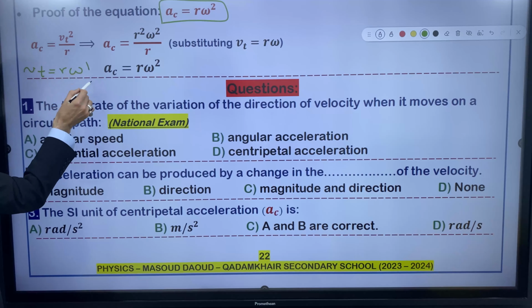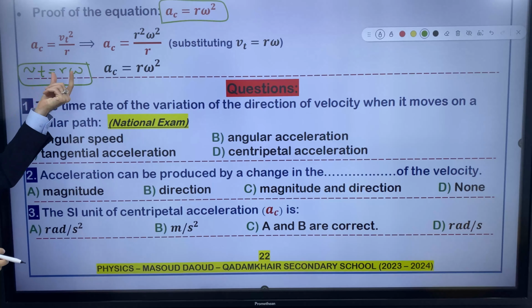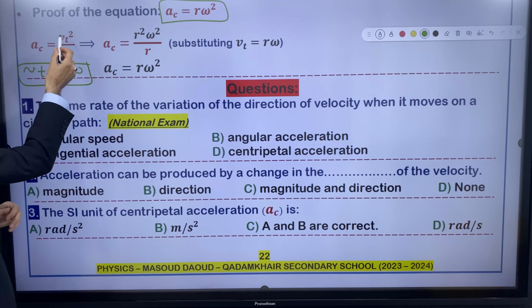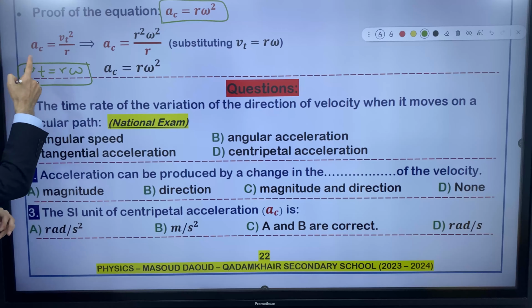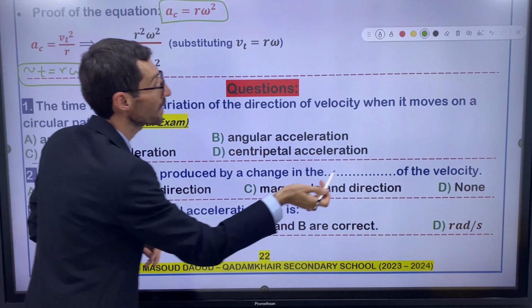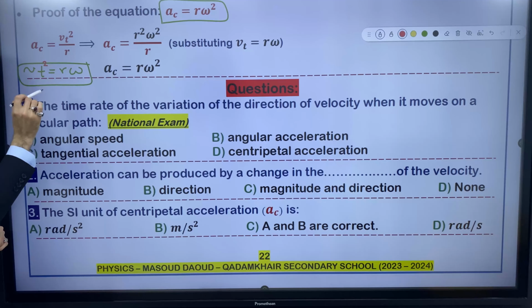So I want you to substitute R omega instead of VT. What do you get? VT is squared, so put the square here. If VT is squared, R becomes squared and omega becomes squared.